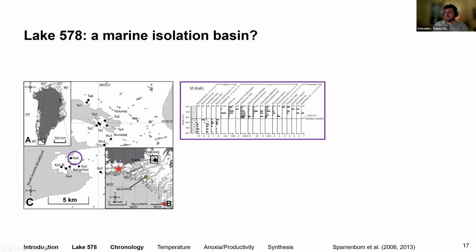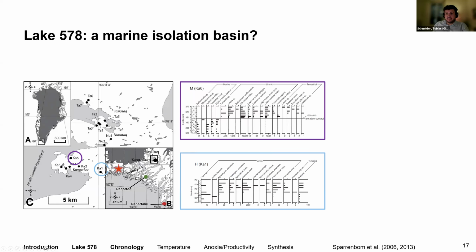And so they identified that as an isolation contact. On the other hand, Lake K1, they did not find any evidence of marine species. So that was an indication for them that, okay, actually, this lake was already above the sea level in the early Holocene.